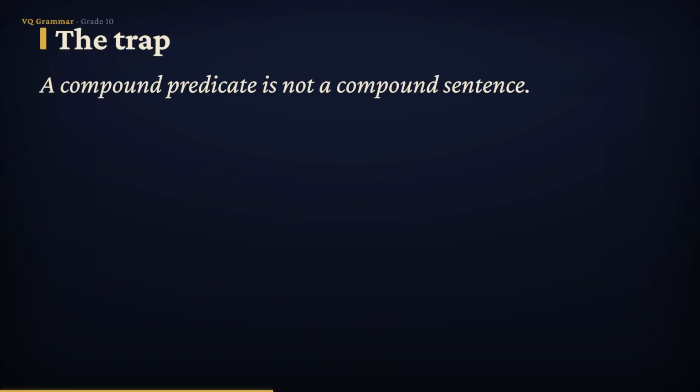Now the trap that catches almost everyone. Remember compound subjects and compound predicates? A simple sentence is completely allowed to have them. Look at this. Dad chopped the onions and stirred the pot. There are two verbs in there, chopped and stirred.